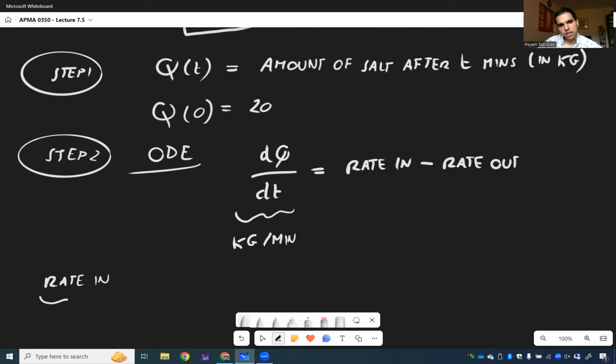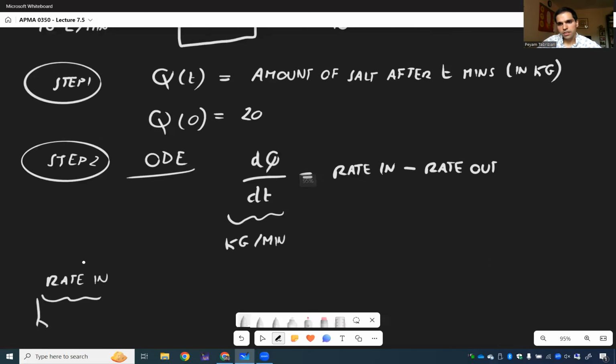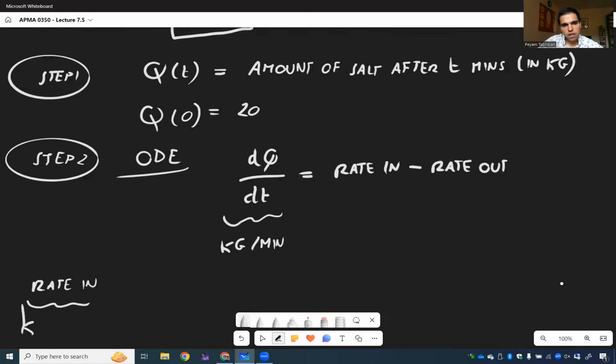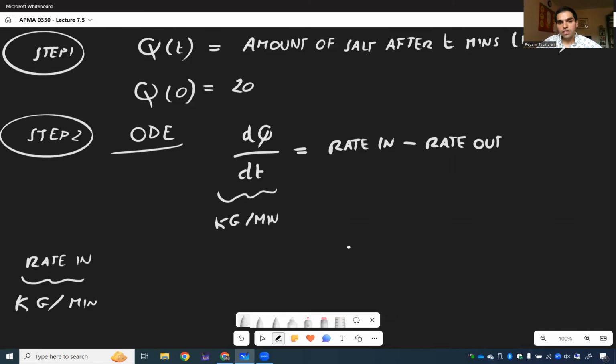Again, the rate in is how much salt goes in, and since we want kilograms per minute, it is just the concentration times the rate.